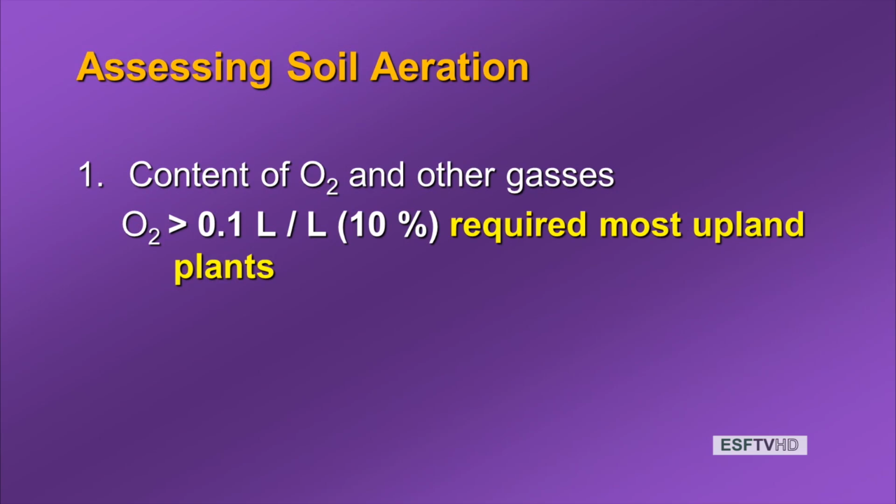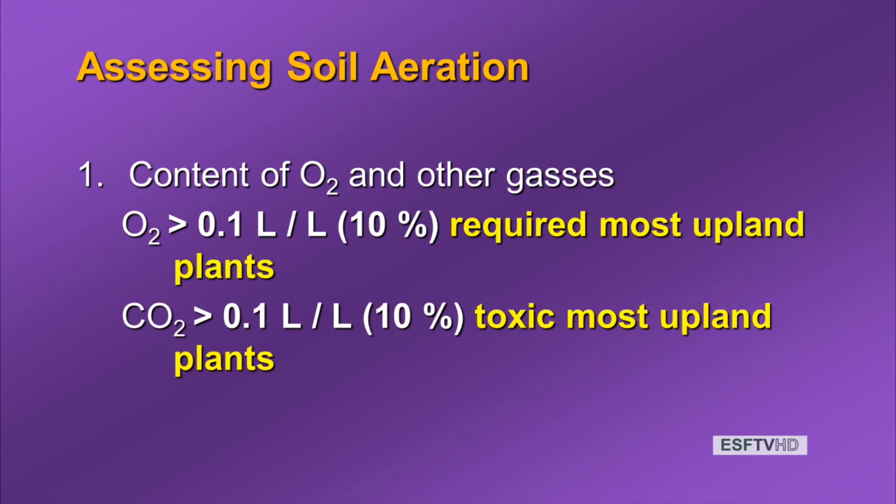Okay, the number that restricts plant growth in most upland plants, and note that's in most upland plants, there are anaerobic tolerant plants, but for the most part, the upland plants, when you get below 10% volume, that is 0.1 liter of oxygen per liter of soil, okay? Below that number, we are in a trouble and plants don't do very well, okay? So that's one way. So a well-aerated soil has an oxygen concentration of greater than 10%, okay? So that's a cutoff. That's one measure of aeration.